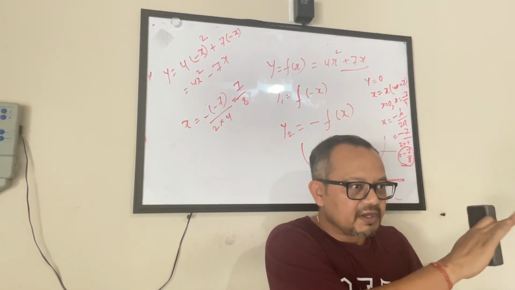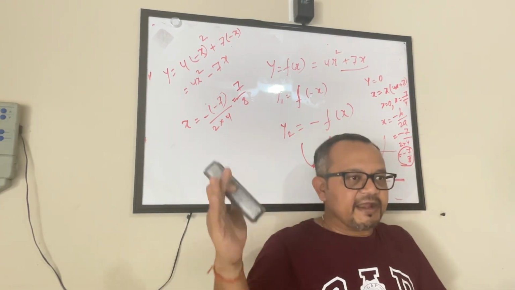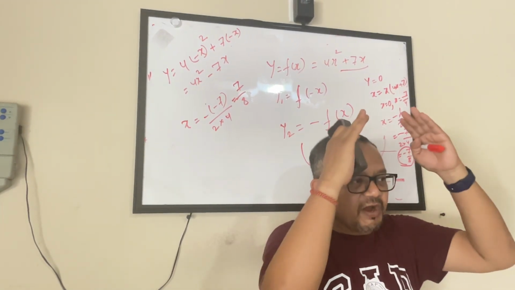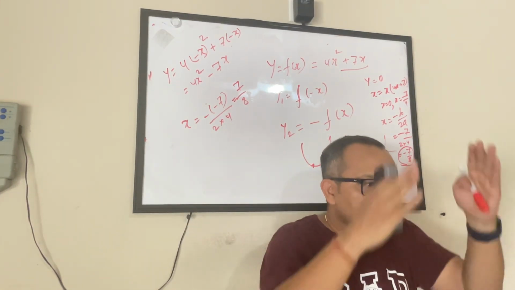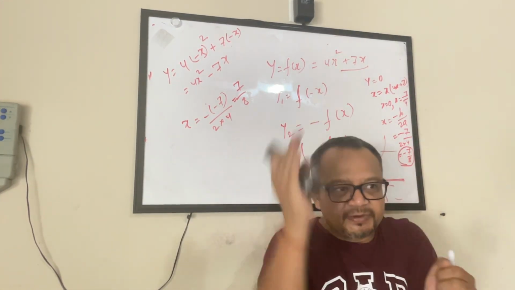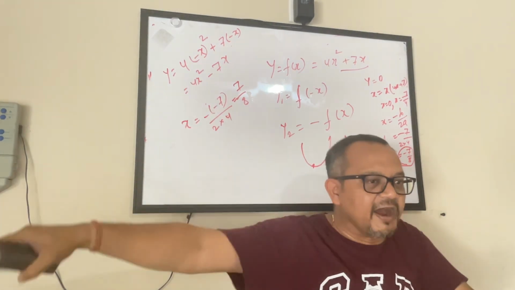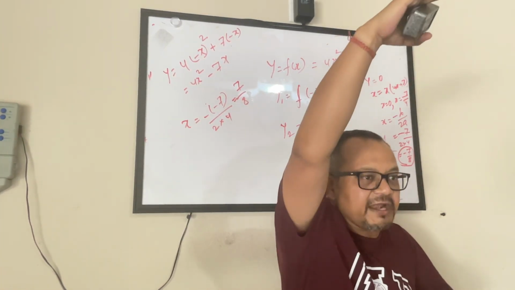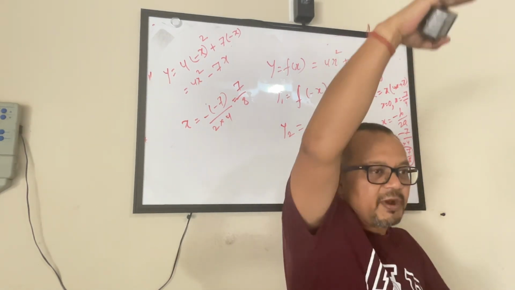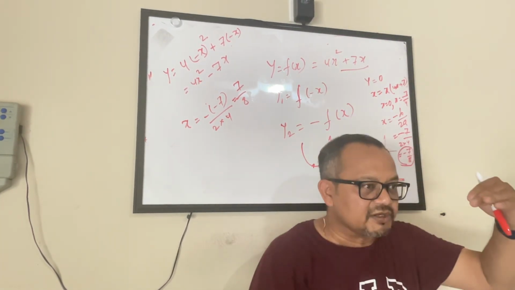When I'm adding a constant value outside the bracket, that makes my parabola move upward or downward. If I'm adding positive, it's moving it up. If I'm subtracting, it's moving it downward.